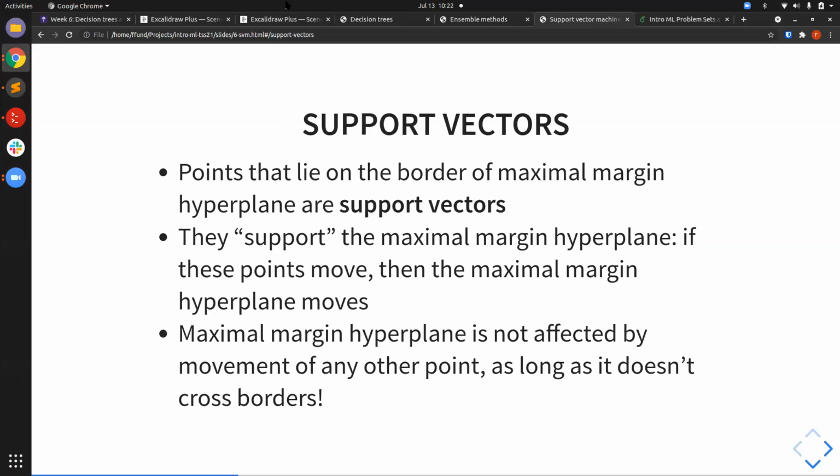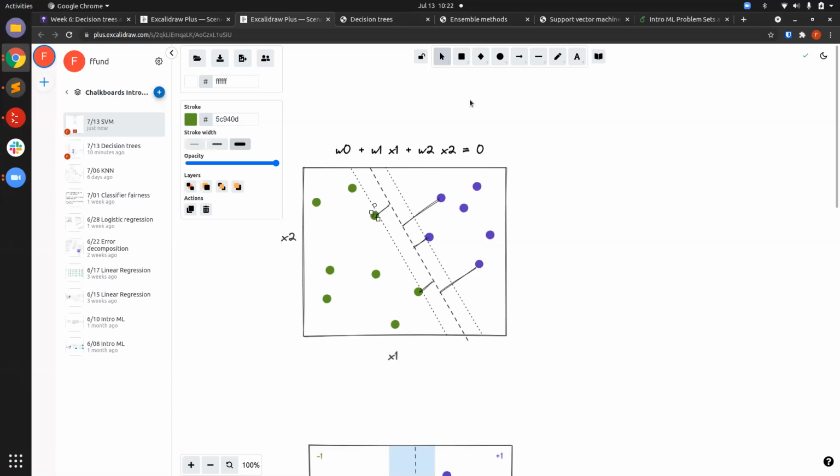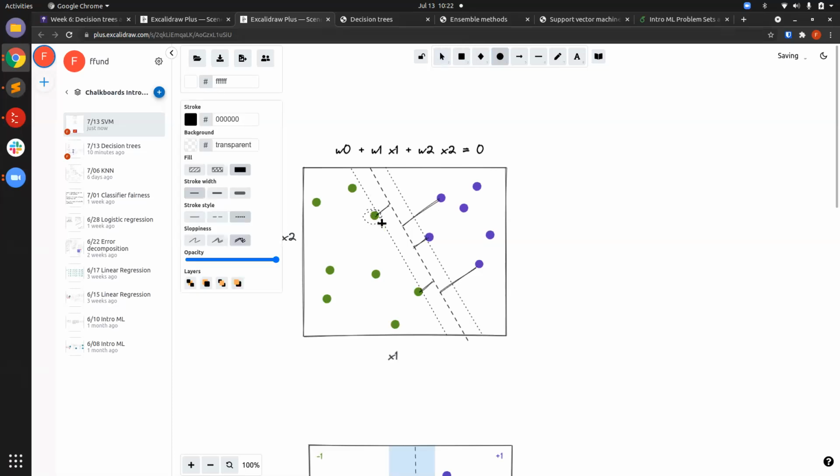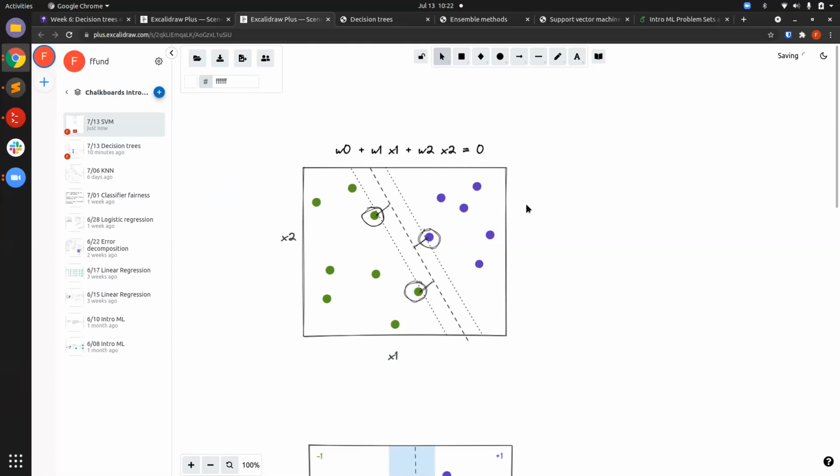Now we have a special name for the points that are on the boundaries. These points are known as support vectors. Why are they known as support vectors? Because these points alone determine where the hyperplane lies. If I move a point that's not a support vector, like this point, it has no effect whatsoever on the hyperplane.